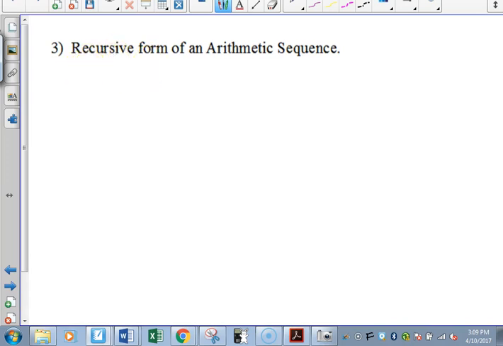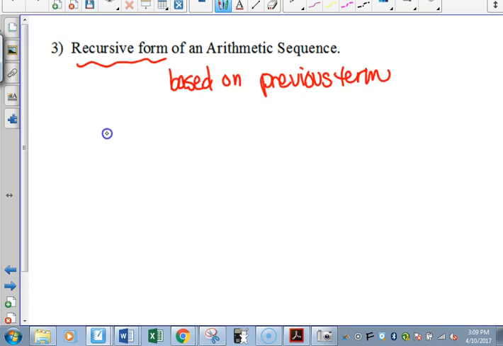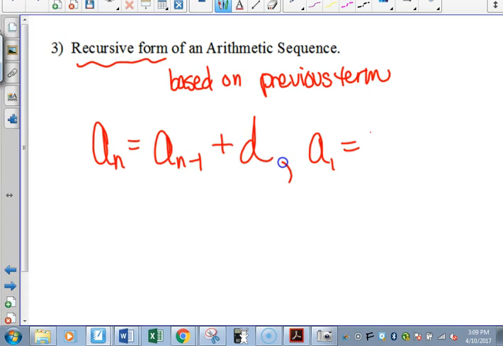So a recursive form is based on the previous term. It's how I say it anyway. This is what you need to write for a recursive form. You say any term n is the term before it plus some difference. But you also have to tell me what that first term is.